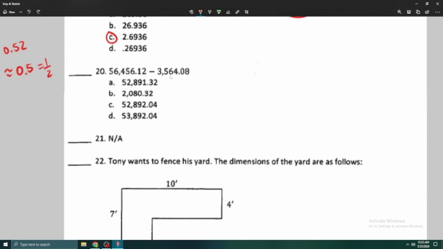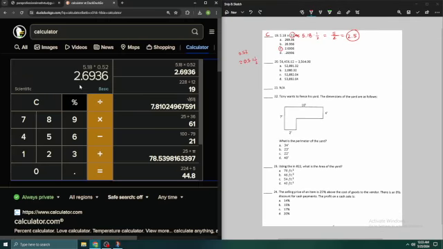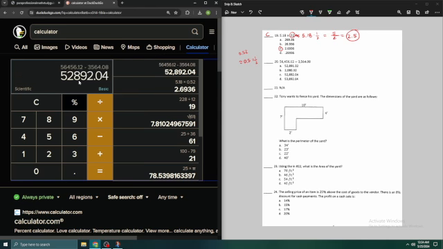Again, this one's pretty simple. You just need a calculator. So actually, let me do it like this so I can see. 56,456.12. Oops, sorry. Minus 3,564.08.